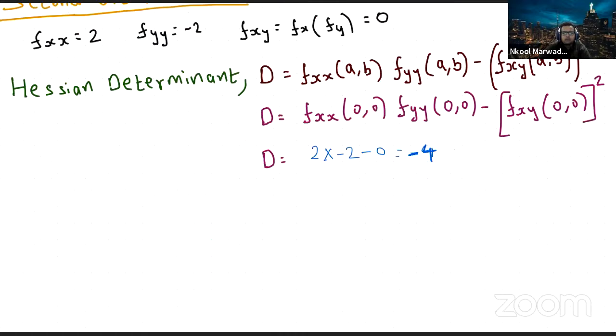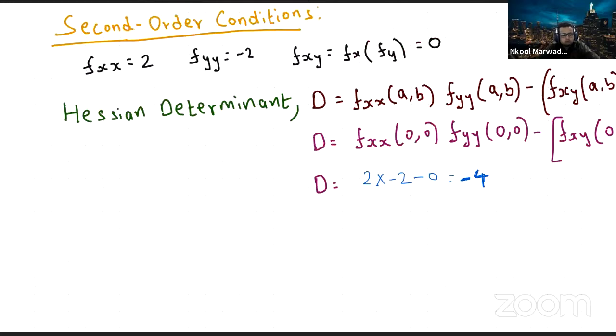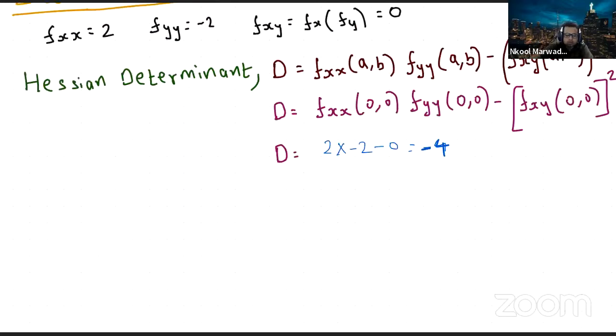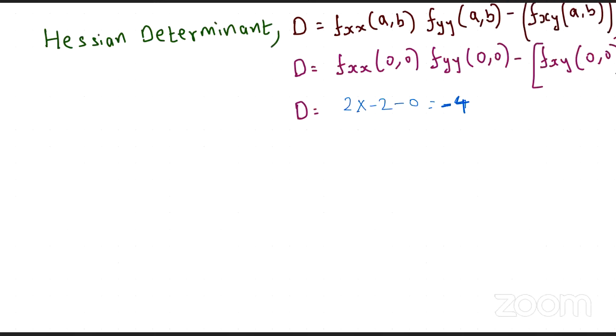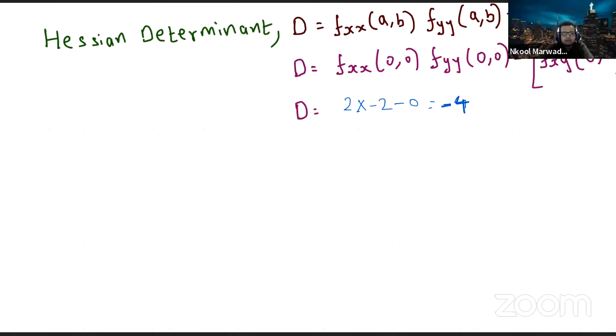Minus 4. Now, according to the condition, if D less than 0, according to the formula, it's either minima or maxima. Then we have to check. Wait. That's why I say be careful, because if D is less than 0, then it's a saddle.